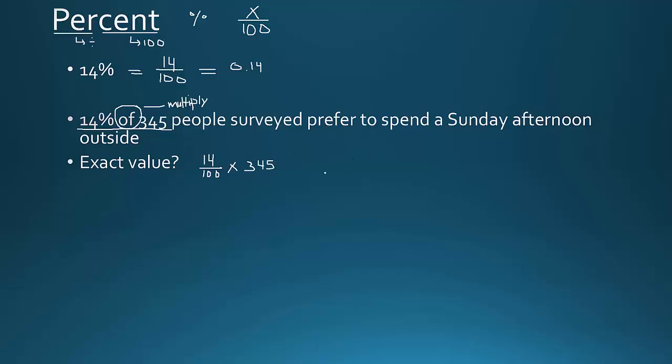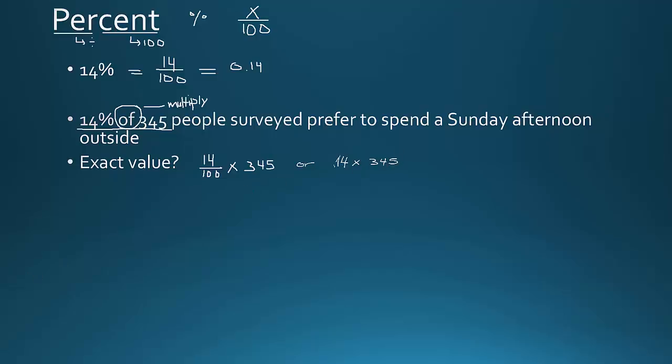Now, I can also use that as its decimal instead of using this as a fraction. So I can also do 14 over 100, which we know is 0.14, and then we would take that decimal times the 345.